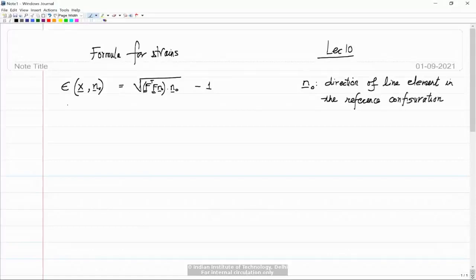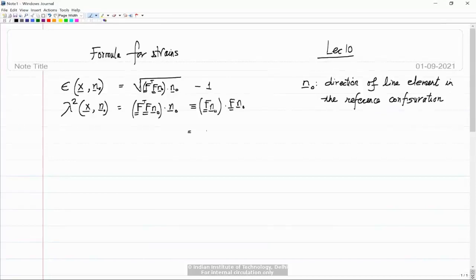And of course, you also saw that the stretch lambda square, for example, was simply F transpose F n naught dot with n naught, and you had seen that this was same as F n naught dot with F n naught, right?